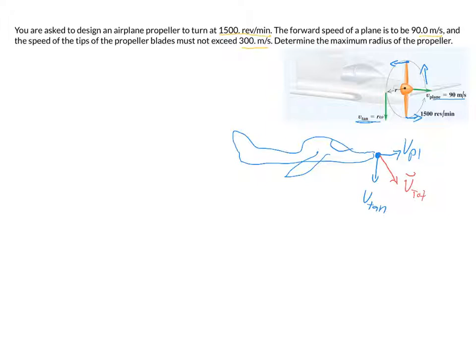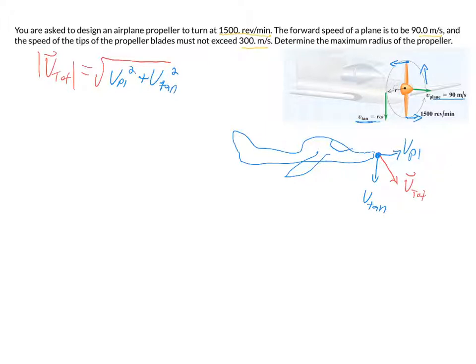And so the magnitude of your total velocity, which is what can't exceed 300 meters per second, is just going to be equal to the square root of the sum of the squares of its individual components. So the square root of the forward velocity of the plane squared plus the tangential velocity squared. All right, so let's think about what we know and what we don't know.